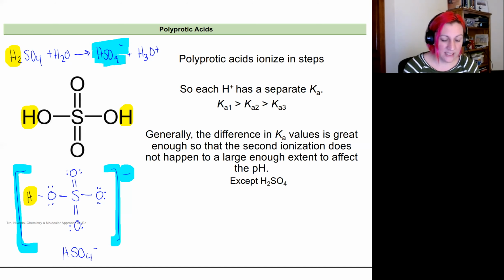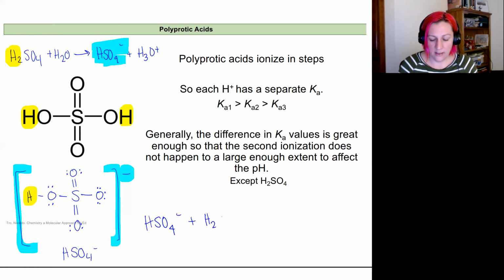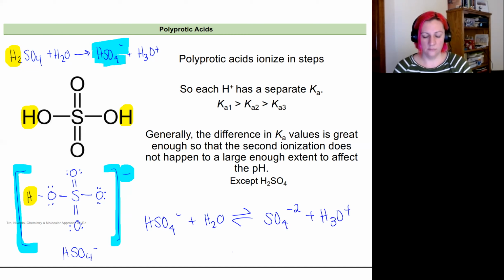So when we look at the next step in this polyprotic acid, which is this HSO4 minus reacting with water as an acid to form SO4 minus 2, we can see that it's actually going to have an equilibrium constant that's not only different, but less.